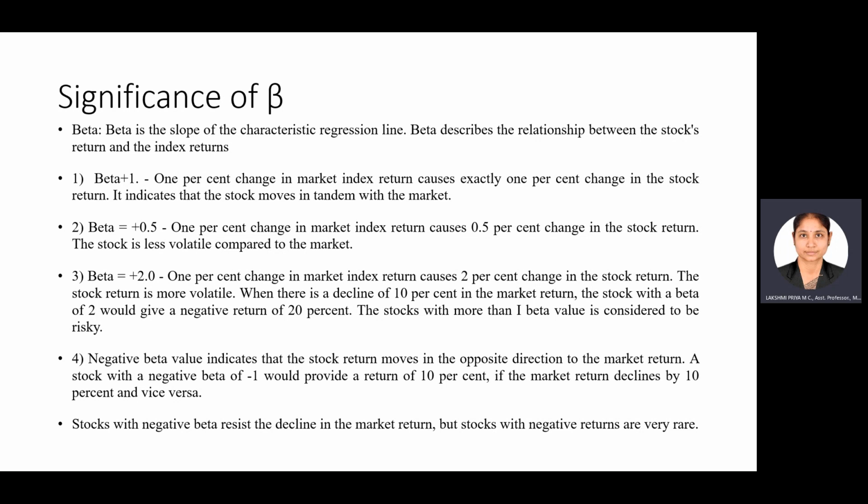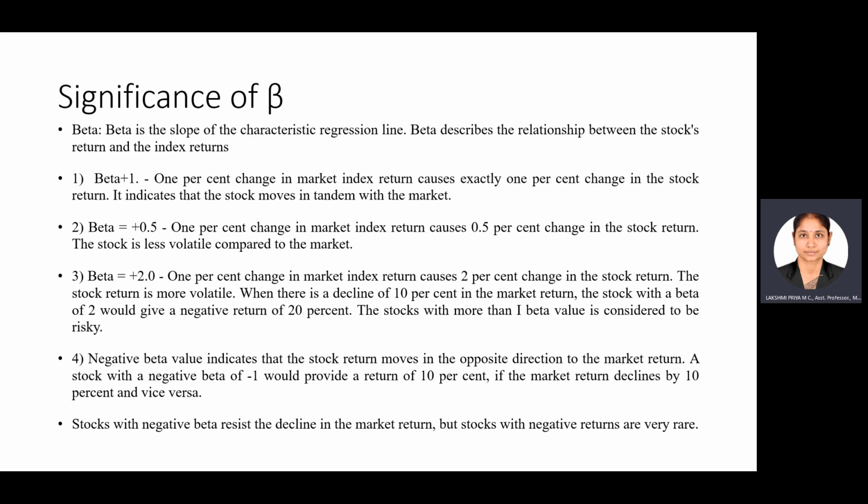When there is a decline of 10% in the market return, the stock with a beta of 2 would give a negative return of 20%. Stocks with a beta value of more than 1 are considered to be risky. A negative beta value indicates that the stock return moves in the opposite direction to the market return.